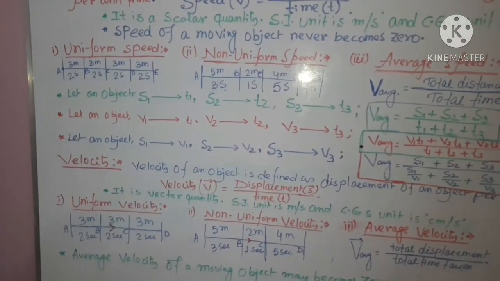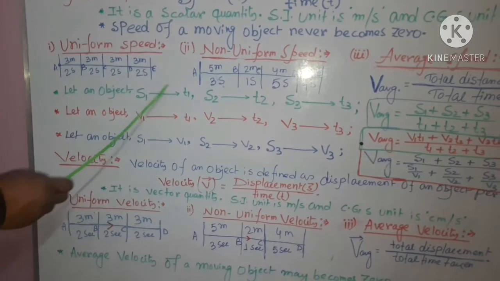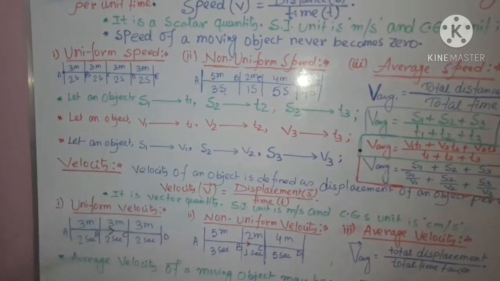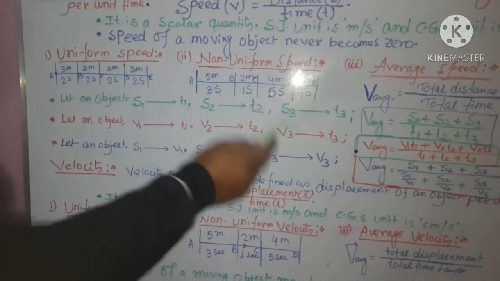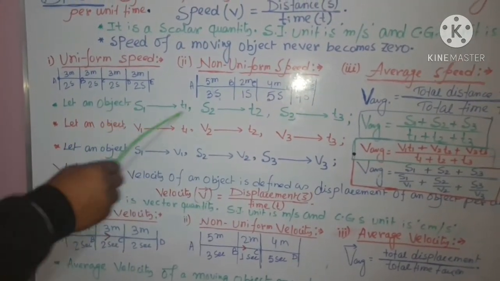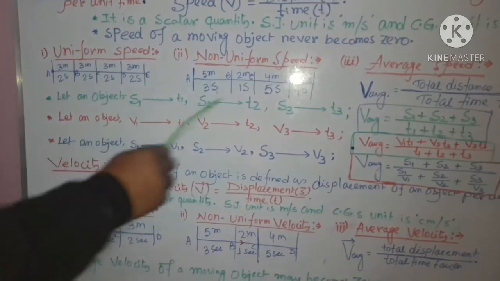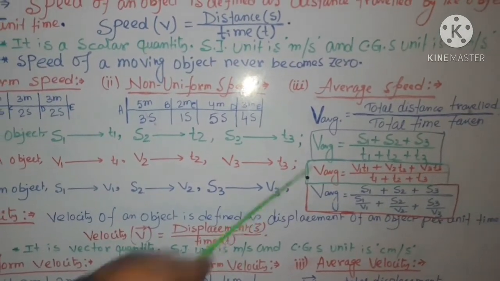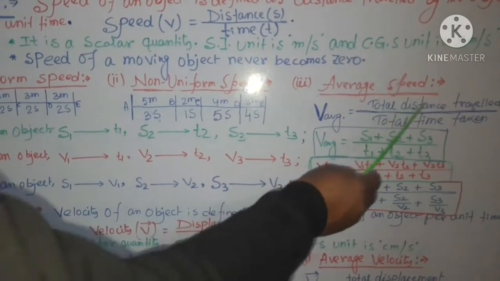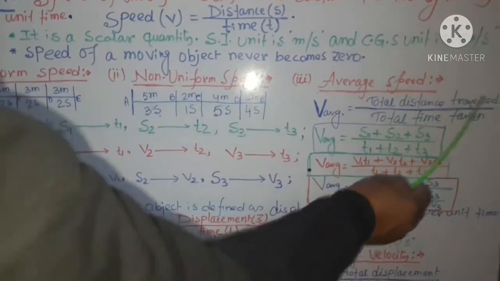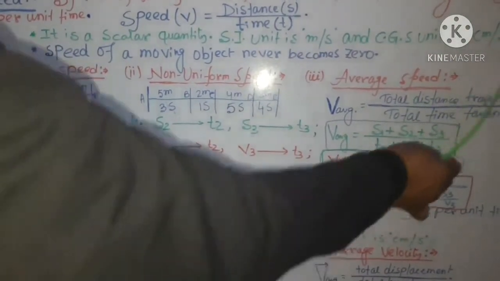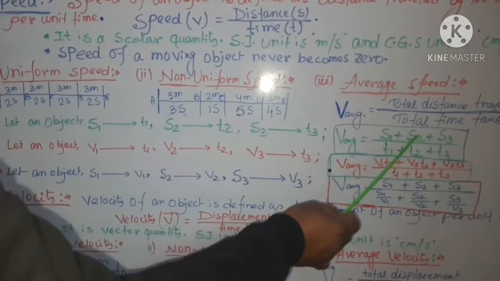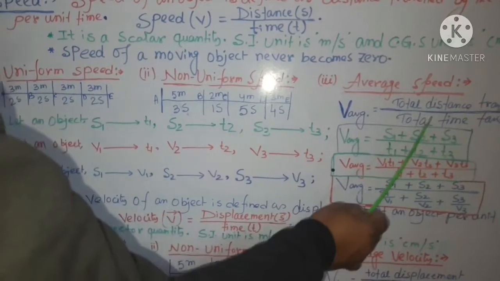Let an object cover a distance s1 in time t1, s2 distance in time t2, s3 distance in time t3. তাহলে এই ধরনের মোশনের সময় অবজেক্টের অ্যাভারেজ স্পিড কত যদি বলি বের করো, কি করে করবে? আমরা ডেফিনেশন জানি, অ্যাভারেজ স্পিড ইকুয়াল টোটাল ডিস্টেন্স ট্রাভেল বাই টোটাল টাইম টেকেন। তাহলে টোটাল ডিস্টেন্স কত হবে গো? s1 plus s2 plus s3 divided by total time taken.